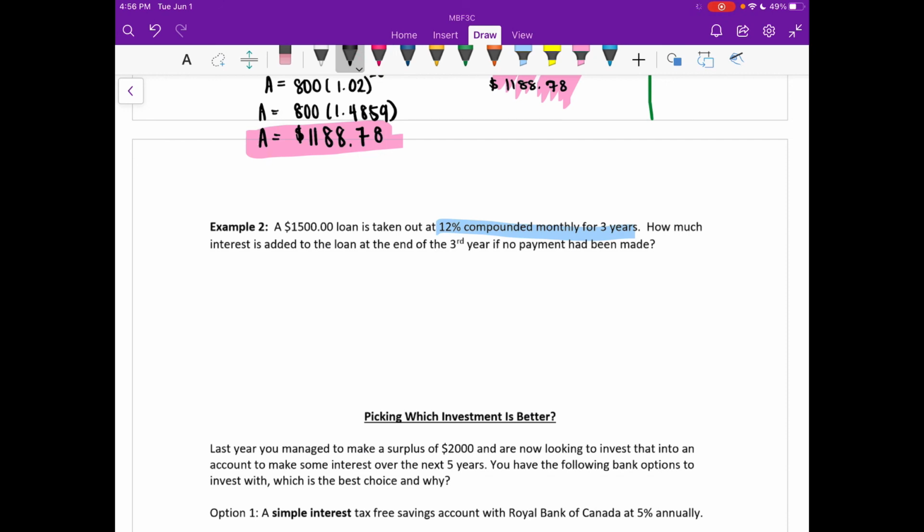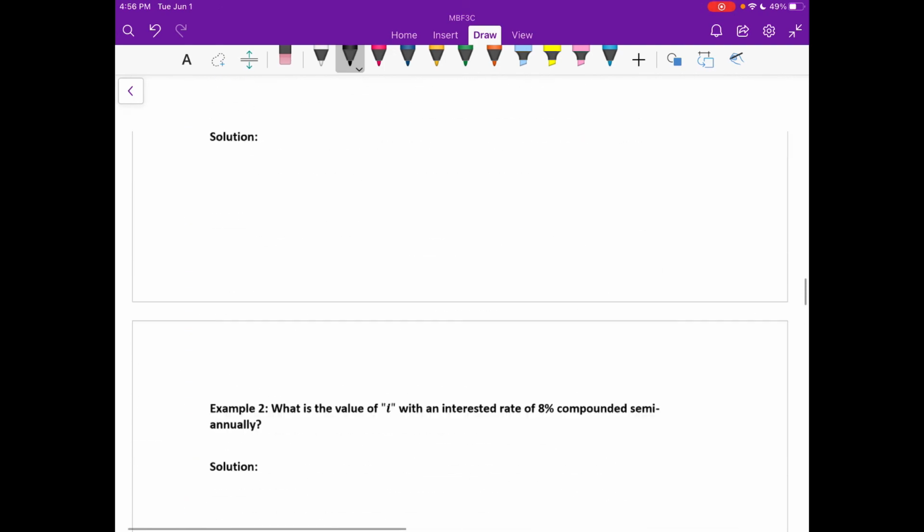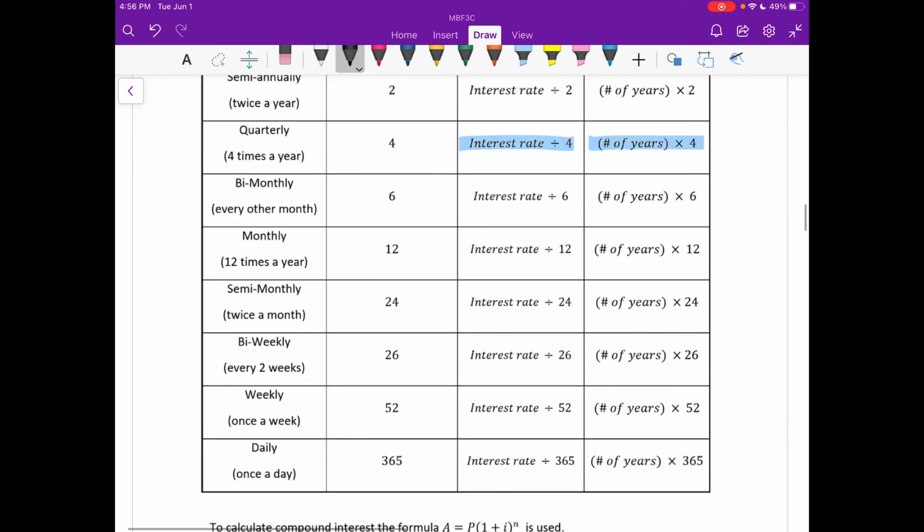I know that this is compounding interest, so it's going to be A equals P(1 plus small i) to the power of n. I know that my P value is just going to be how much I originally took out, which was 1,500. I know that I am compounding monthly for 3 years, so that means i is going to be something different and n is going to be something different. Let's go back up to our original little table here.